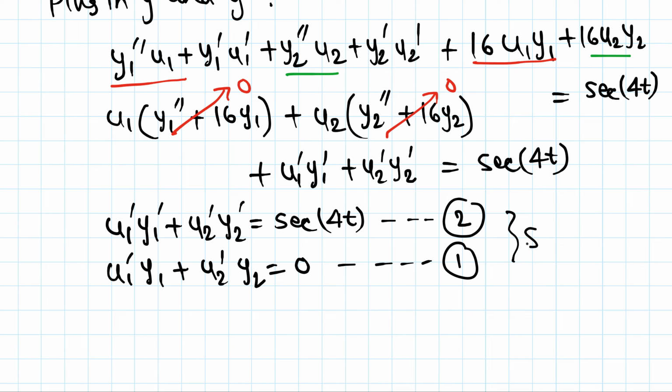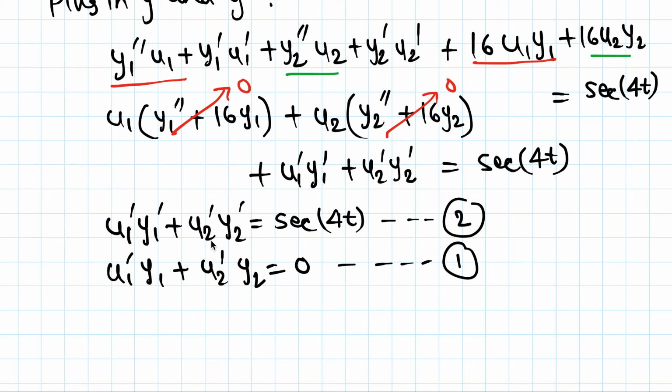Now we want to solve this. We can just use algebra 1, the method of elimination. Remember we are trying to determine u1 and u2, but the derivatives are here. That means we solve for u1 prime, then integrate to get u1.